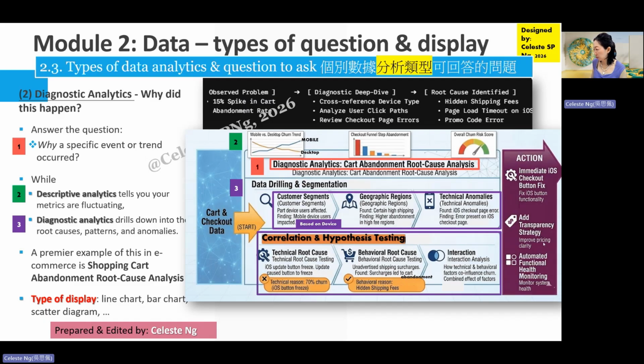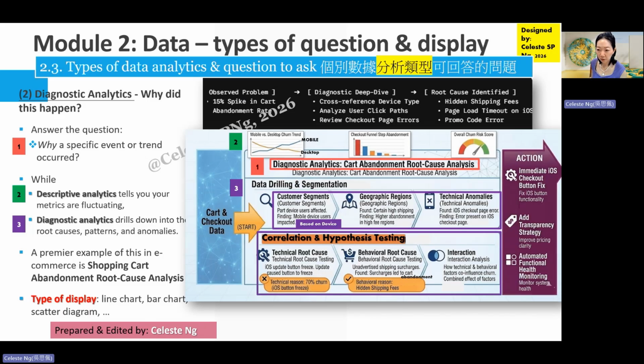Another possible action with respect to cart abandonment is to create a system-automated functional health monitoring to monitor if there's any unexpected or real-time problem or abnormality that happens online in this e-commerce website.